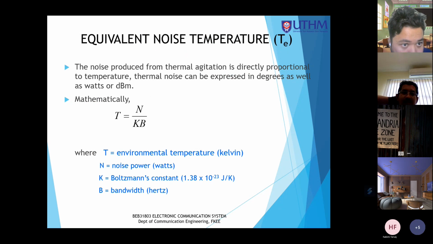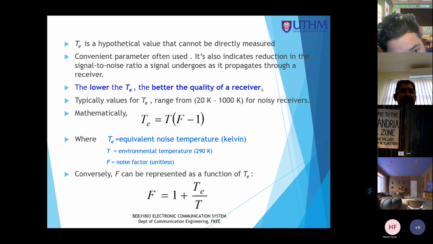And then equivalent noise temperature. So equivalent noise temperature is the TE. So TE is the noise temperature produced within the device. Okay. So the lower the equivalent noise temperature would be better. Okay, TE kita inginkan TE ini serendah yang mungkin.